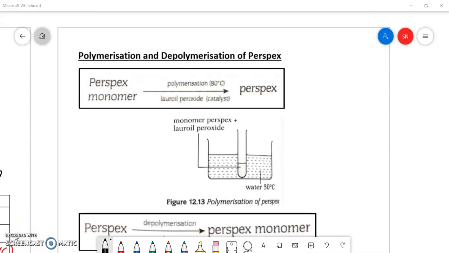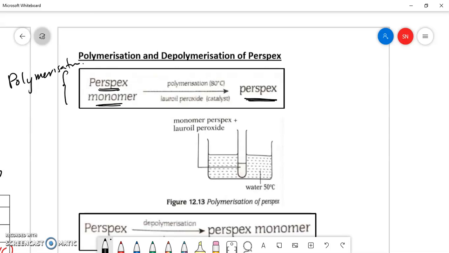First, we look at the polymerization process. Polymerization is when monomers combine to become a polymer. So if we take a monomer of perspex, it will become a polymer of perspex.